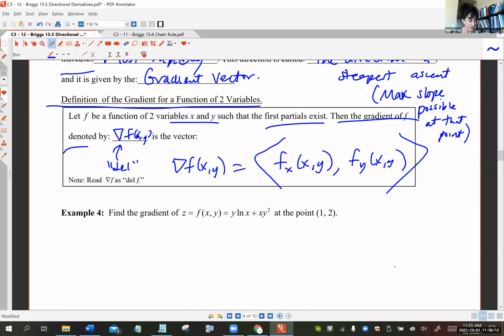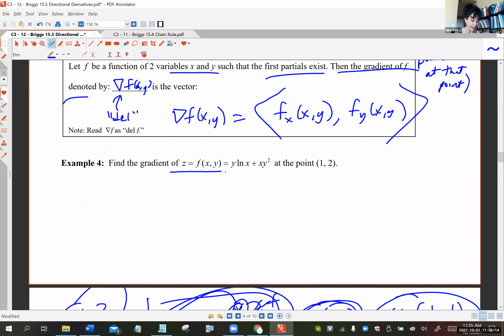So in example 4, let's find a gradient for this cute little function, f of x, y equals y ln x plus x y squared. And we'll find the gradient at the point (1, 2). Let's get the partials first. For f_x, you're going to take the derivative with respect to x, so hold y constant.